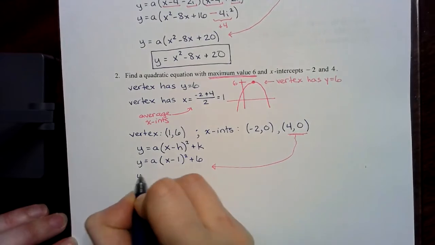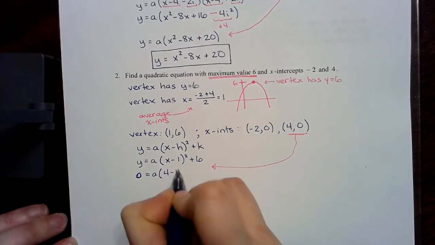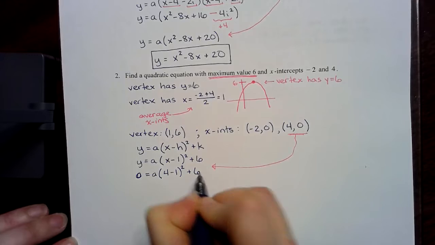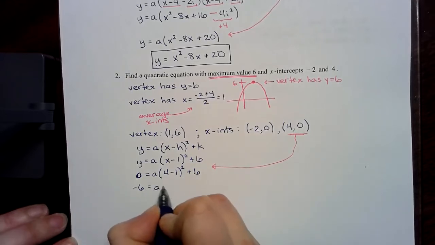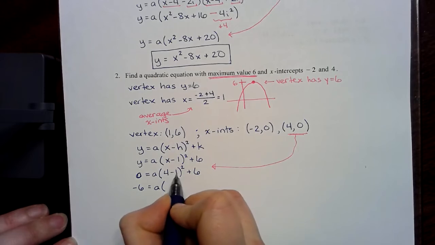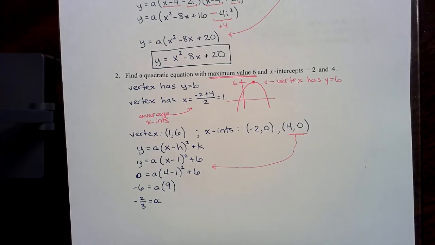So my y value is 0. My x value is 4. So if I subtract 6, 4 minus 1 is 3, squared is 9. Divide by 9 on both sides. And I find that my a value is -2/3.